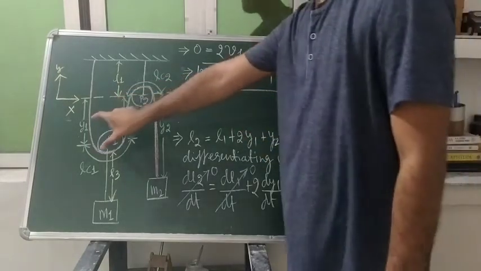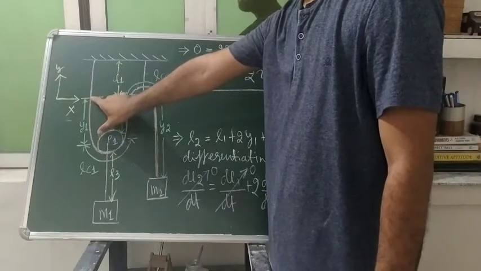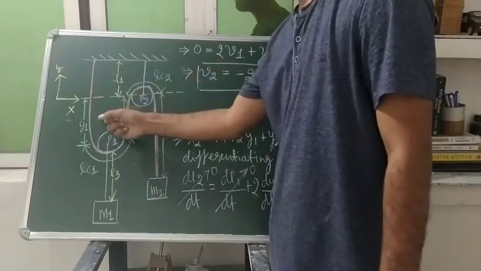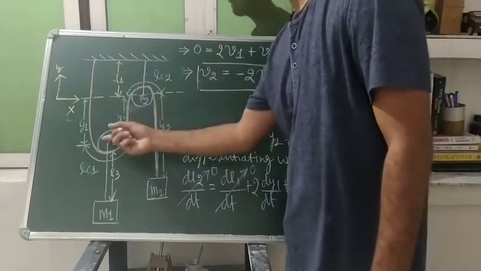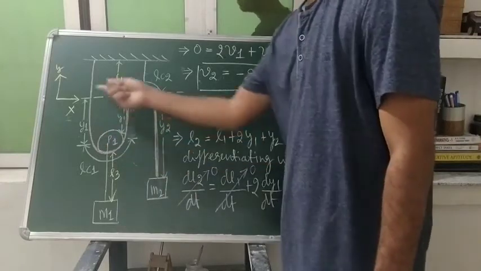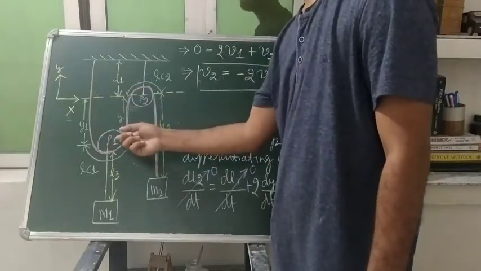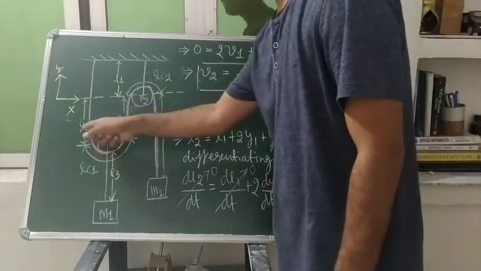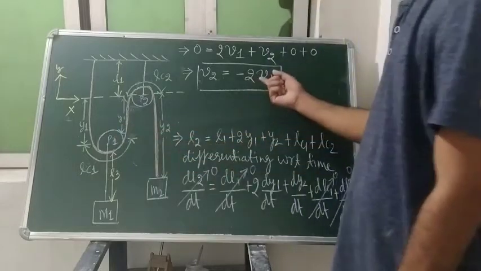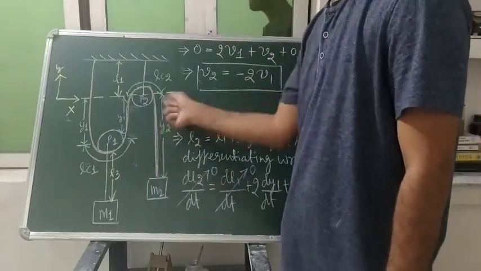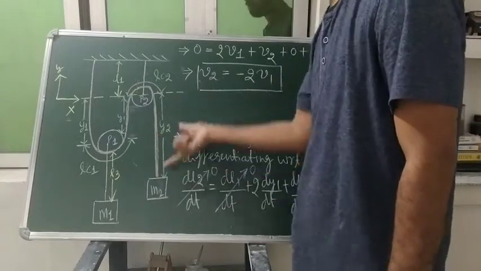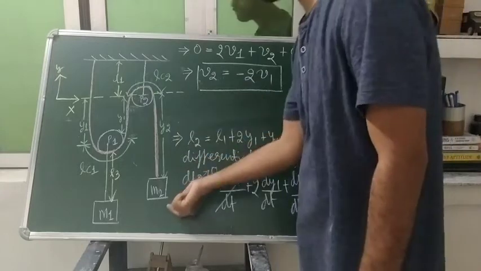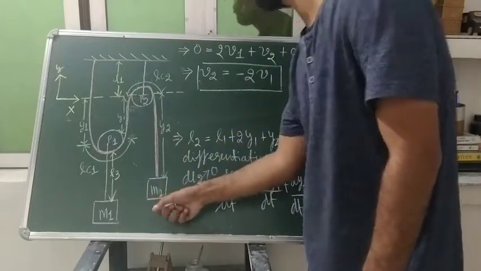It means with whatever velocity this y1 string is going to move, or the pulley P1 is going to move, because it is attached to the pulley, twice of that velocity will be the velocity of this y2, or you can say mass m2, because it is attached to the mass m2.